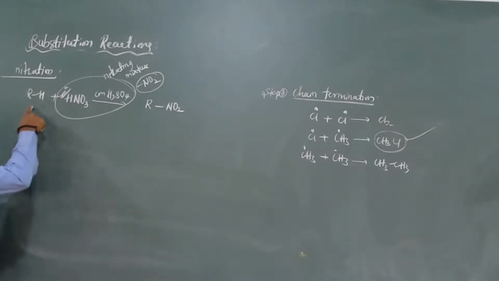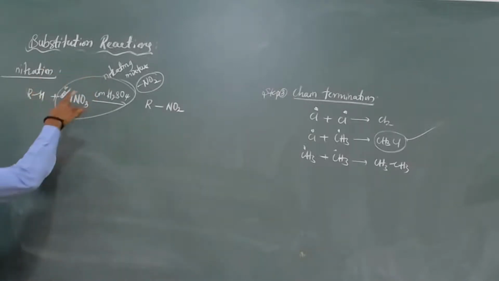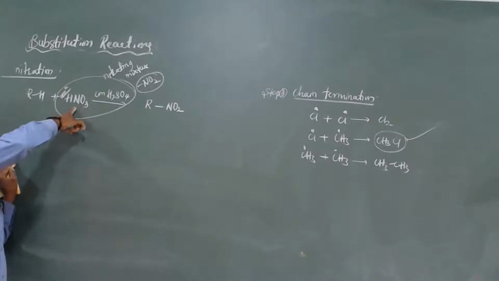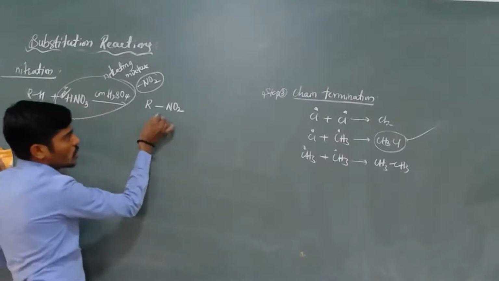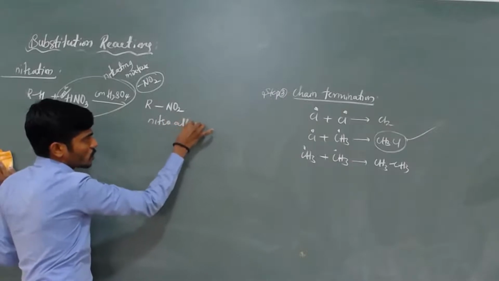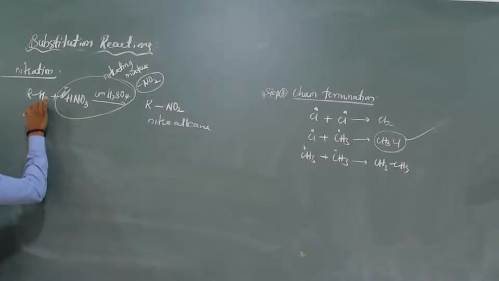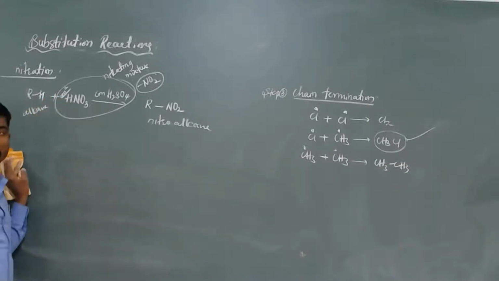When an alkane reacts with a nitrating mixture, or simply HNO3, it gives rise to nitroalkanes. When alkanes react with the nitrating mixture they give nitroalkane.